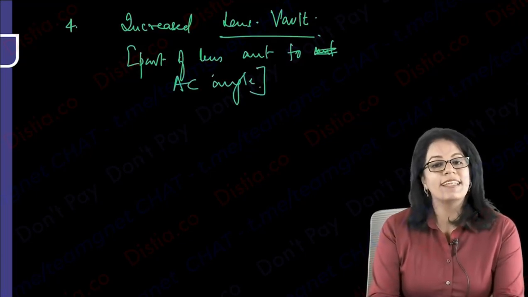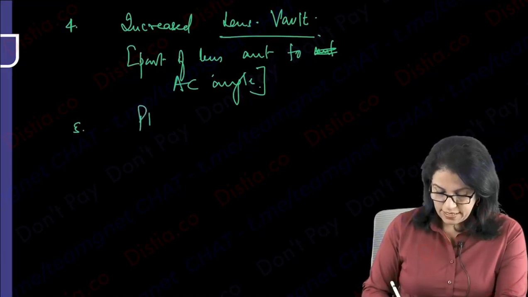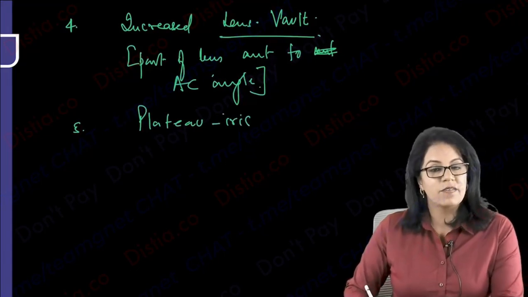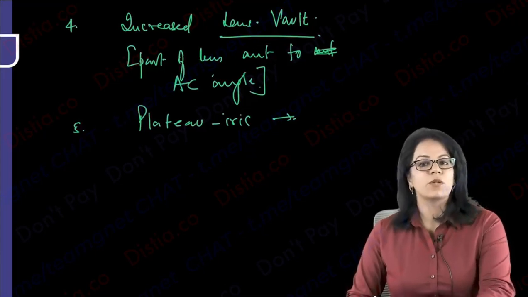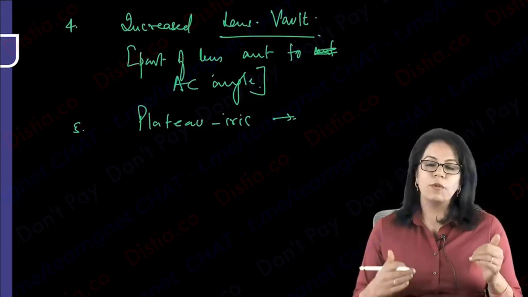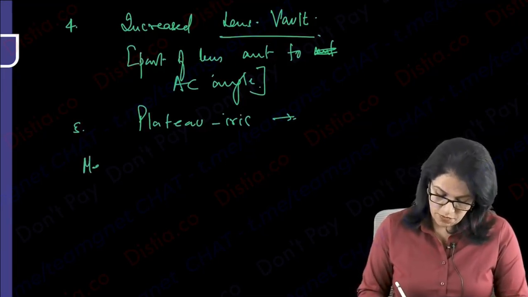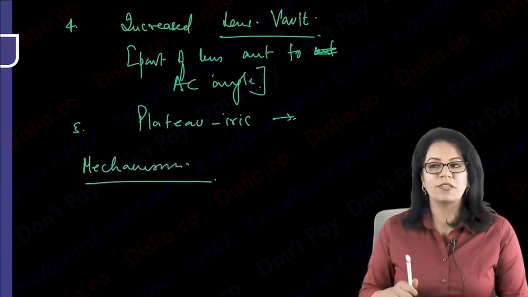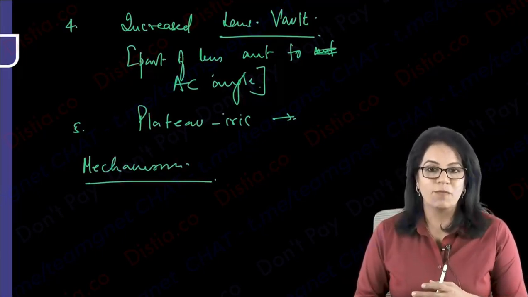Okay. What could be the next risk factor? Let us not forget plateau iris. We will talk in detail today about plateau iris. If there is a plateau iris, this is again a very big factor for angle closure glaucoma. Once we know the risk factors, we will now discuss the mechanism of angle closure glaucoma. What are the two main mechanisms? You have written in your classification also, it can be with pupillary block or without pupillary block.